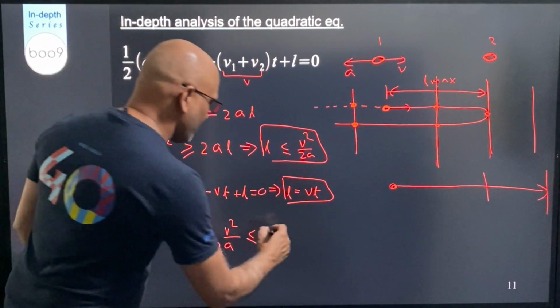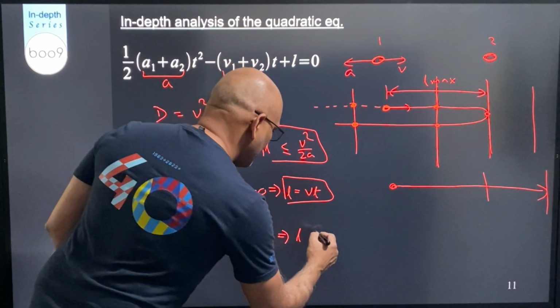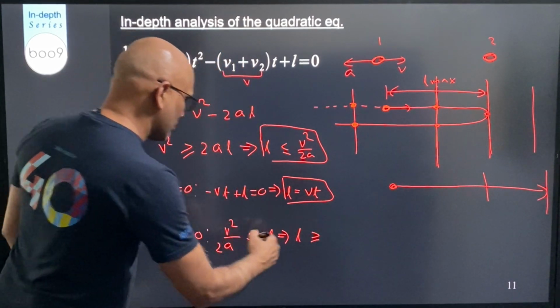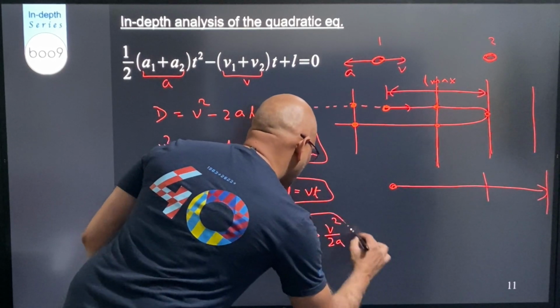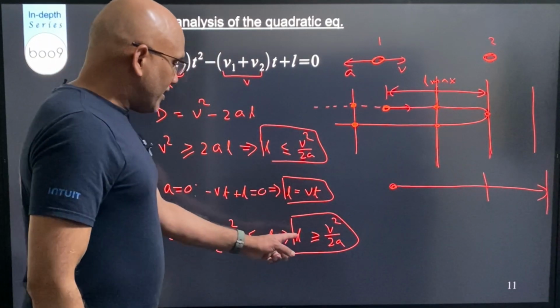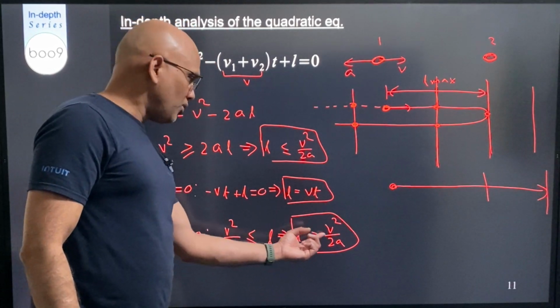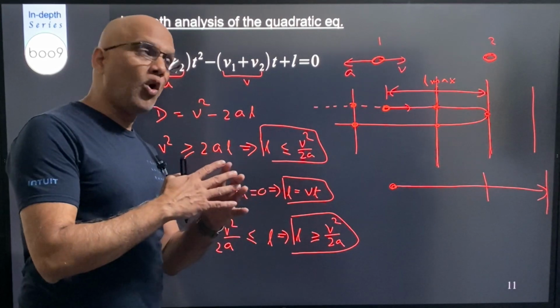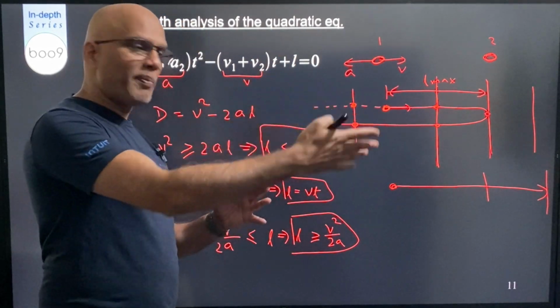So this is telling me L is greater than equal to v square by 2a. All right. So L is always going to be greater than or equal to v square by 2a. So there is no maximum value for L. There's a minimum value for L, but there is no maximum value.